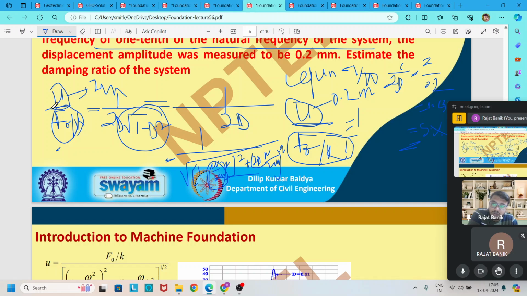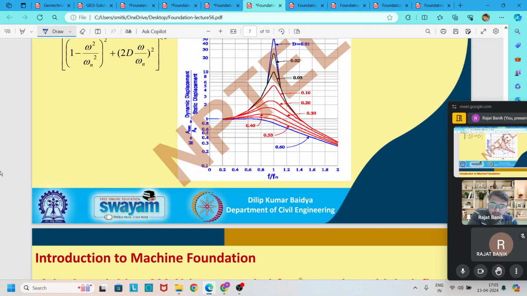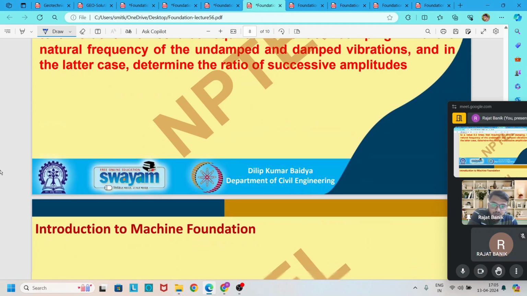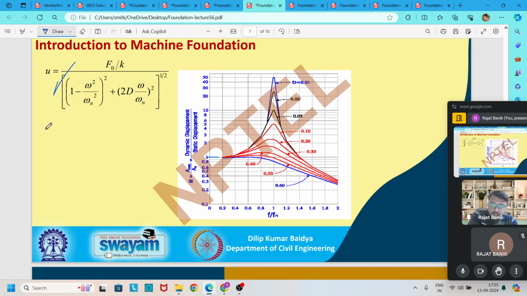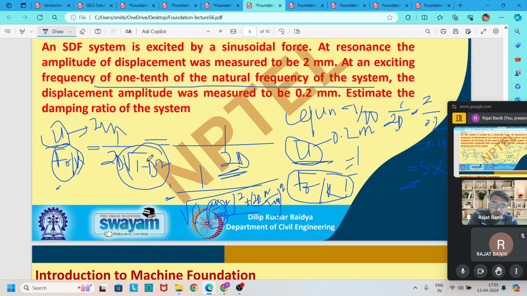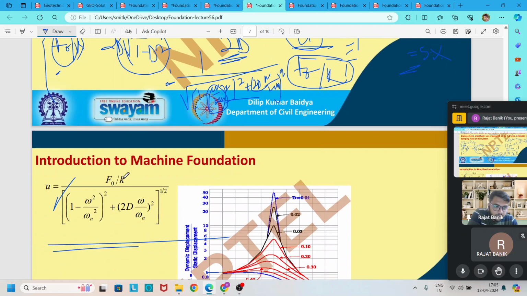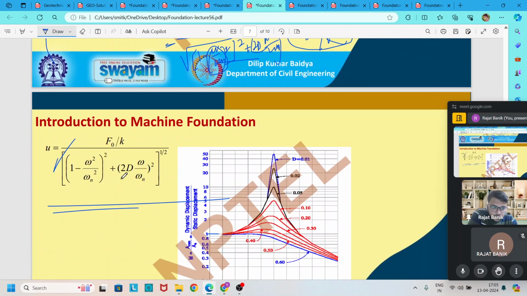We also know the u value here. Again for simplicity, we remove this term, and we easily find the value of damping ratio. So I think it is understood by everyone. For this we mostly use this equation, or we can use just this simpler form.